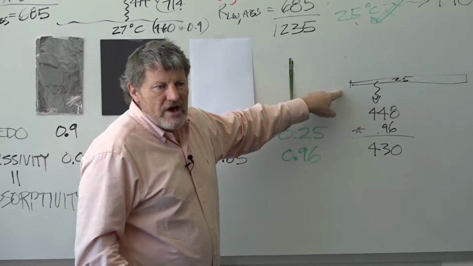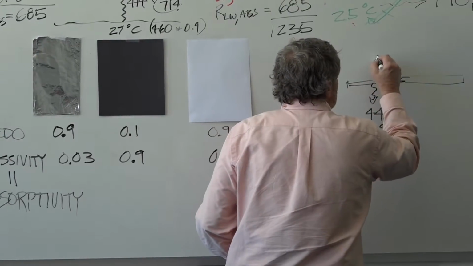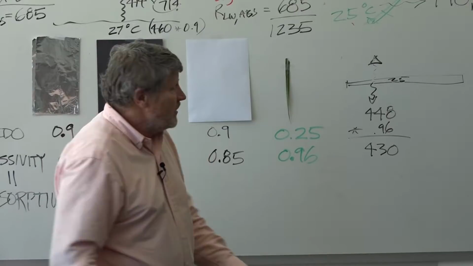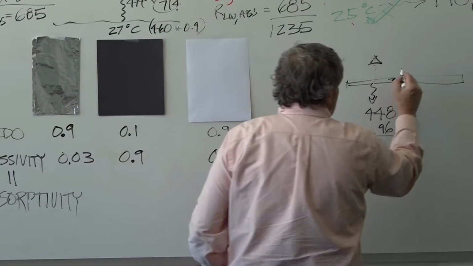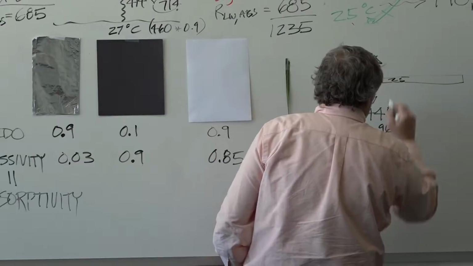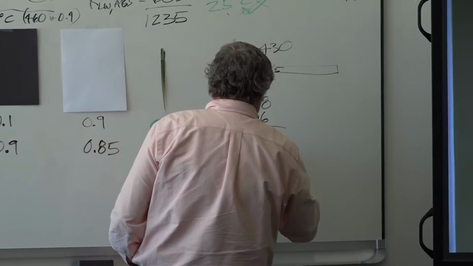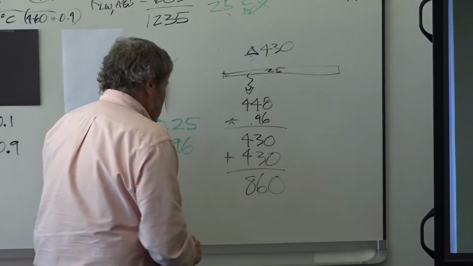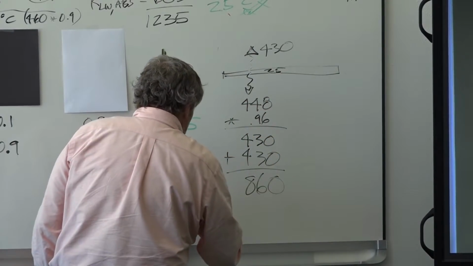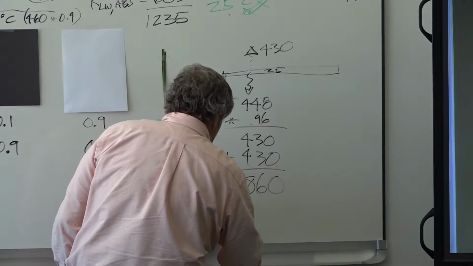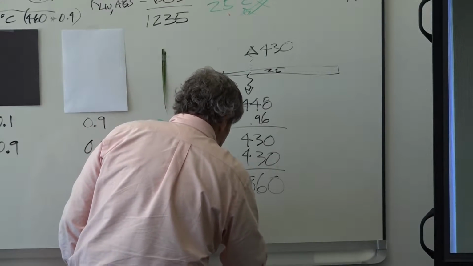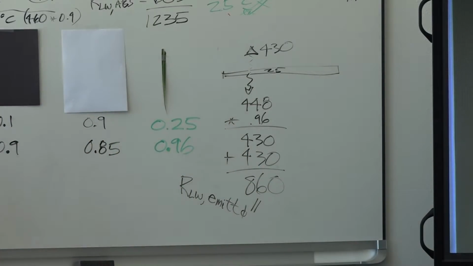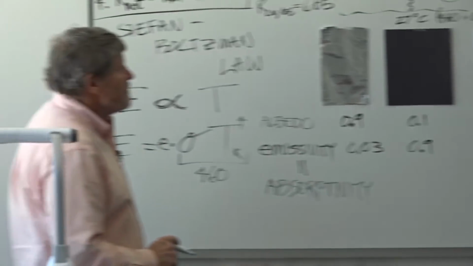Radiation doesn't just go down, radiation can go up too from the leaf, both up and down. So the downside is 430, and the up is also 430. So radiation, long wave, emitted is 860 watts per meter squared.